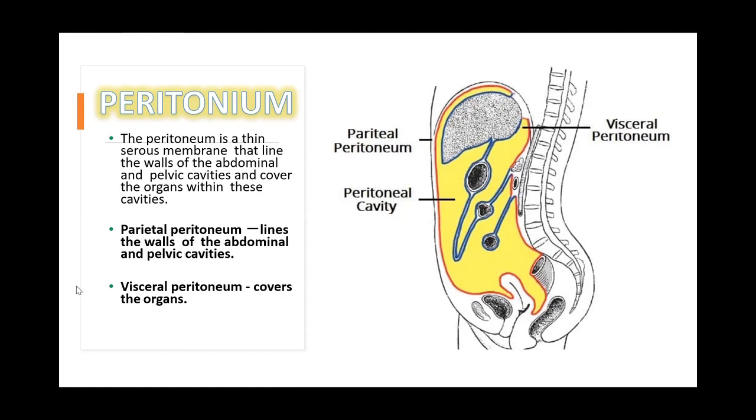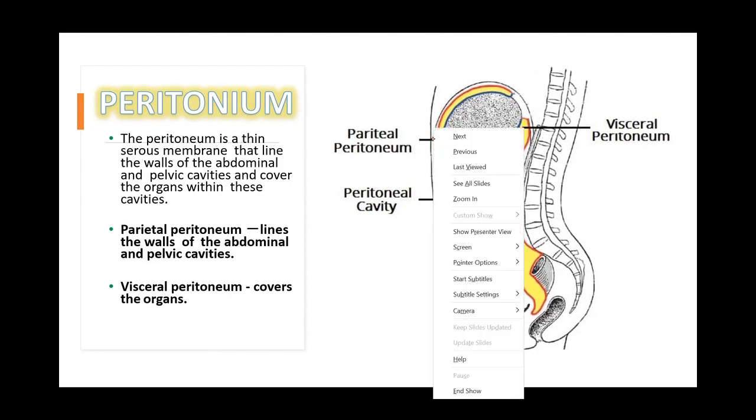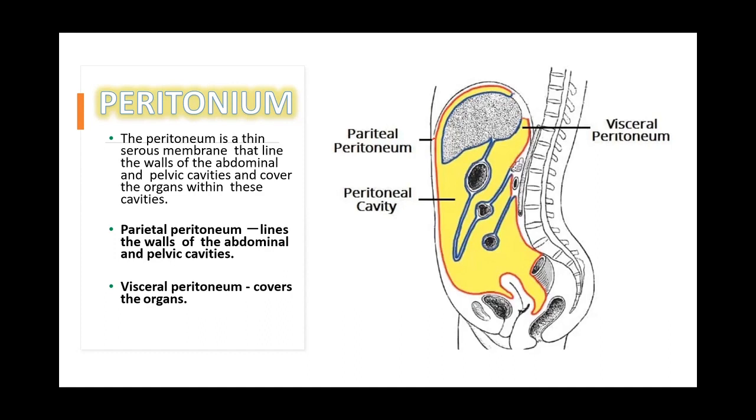This yellow color is the cavity, and you have the abdominal wall that is lined by the parietal peritoneum, depicted by the blue line.